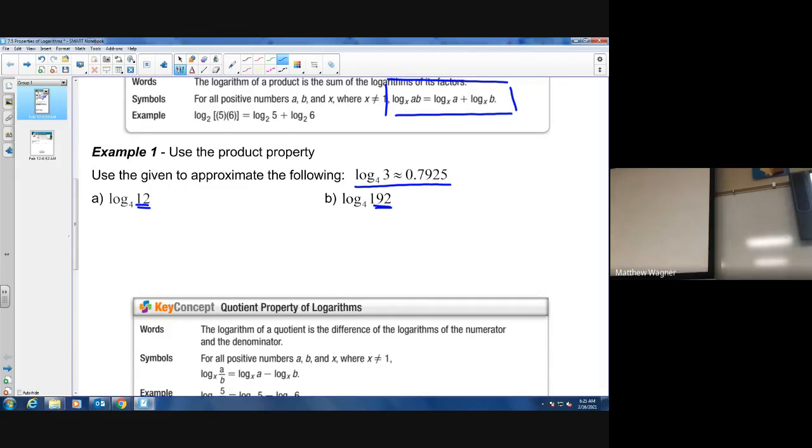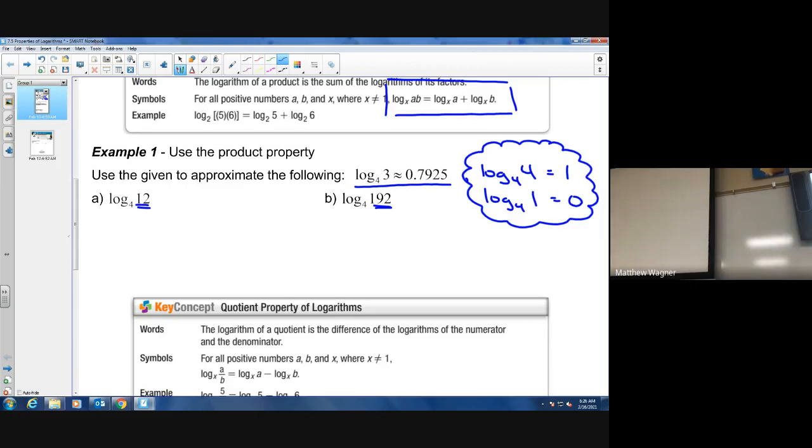Log base 4 of 4 is 1, because 4 to the first power is 4. And log base 4 of 1 is 0. So even though these aren't written, you always want to think of these two implied expressions, because these could help you come up with the product.